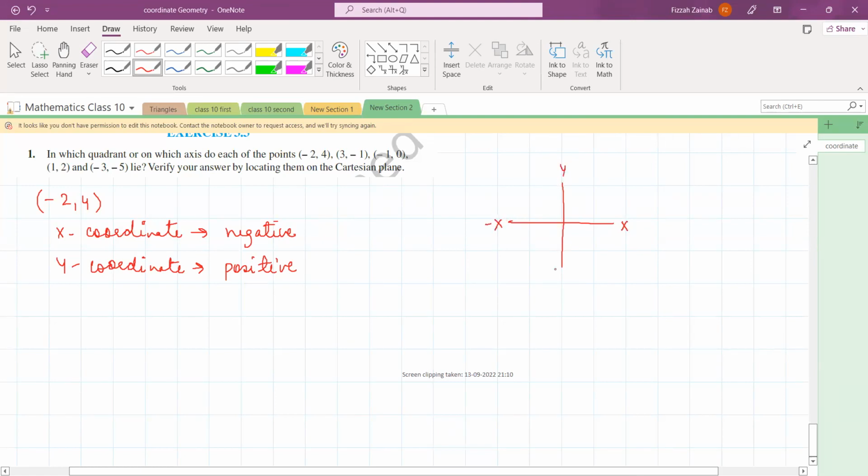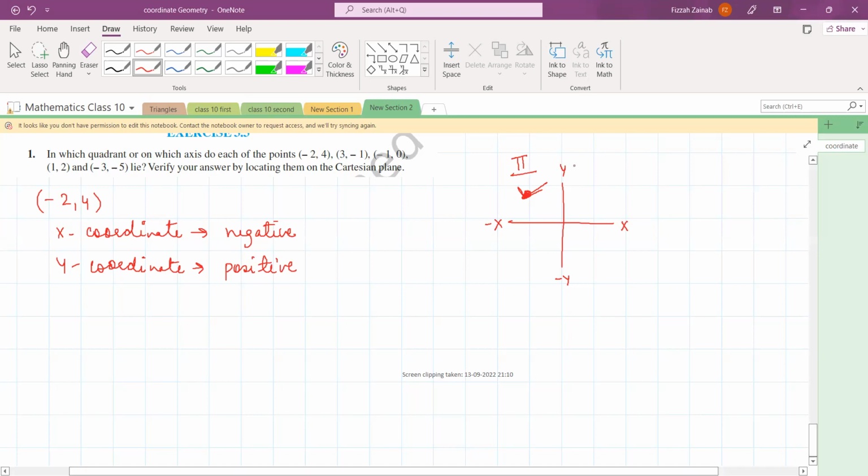This is positive y, this is negative y, right? So if x coordinate is negative and y is positive, I think it will be this quadrant, right? Is this clear? So all the numbers which fall in the second quadrant have negative x and positive y. Is this clear?